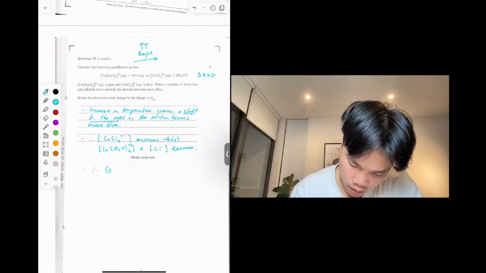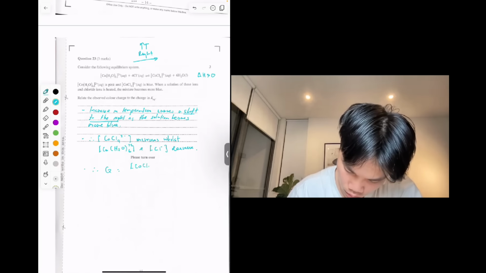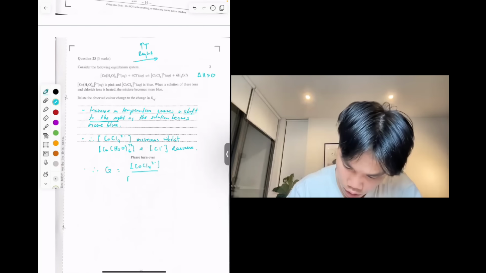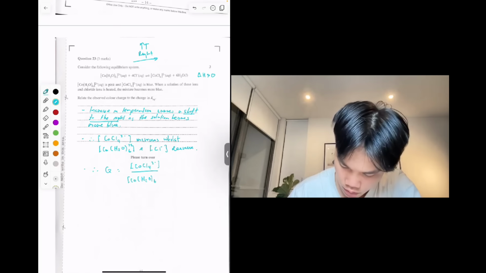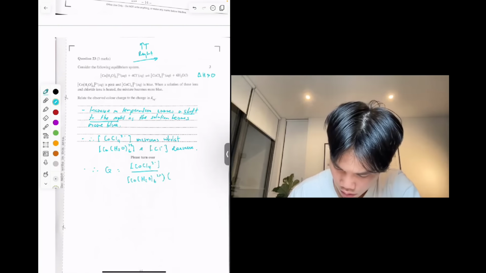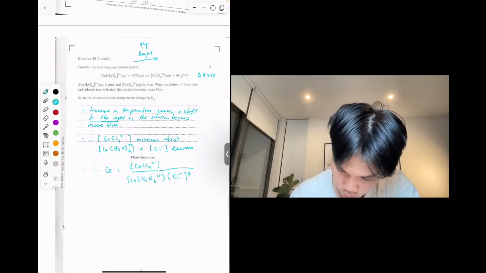Therefore, Q equals concentration of CoCl4 2- divided by Co(H2O)6 2+ and Cl- to the power of 4.